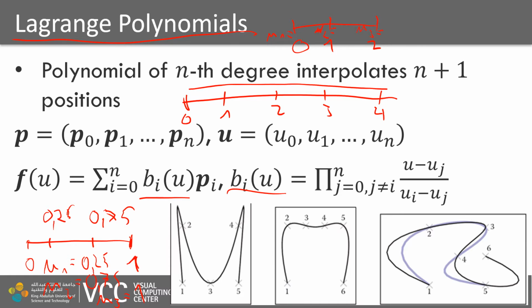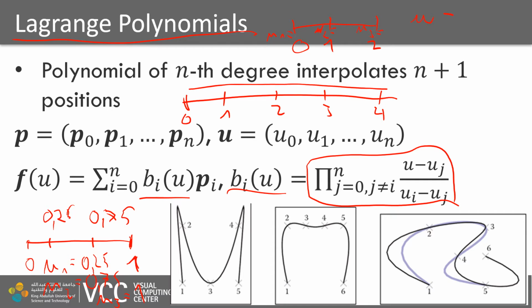So let's find out how we calculate such basis functions. Here we have the definition of it. It will be a multiplication of these rational terms. We start with u minus uj, where j goes from 0 to n, but j is not equal to i, and our i is currently 1.